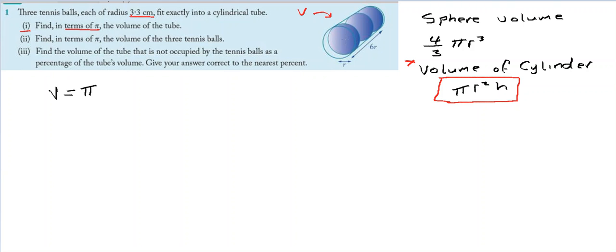So the radius is going to be the radius of the tennis ball, r squared. Oh, sorry, I should put the exact value in. So 3.3 squared multiplied by the height. So the height is 6 times the radius.